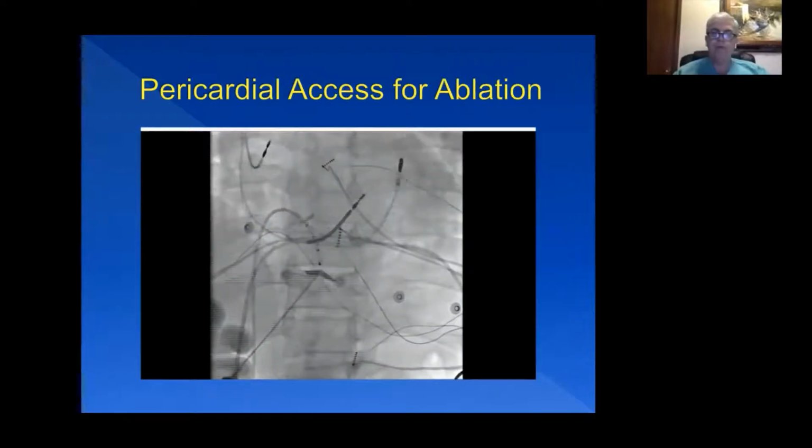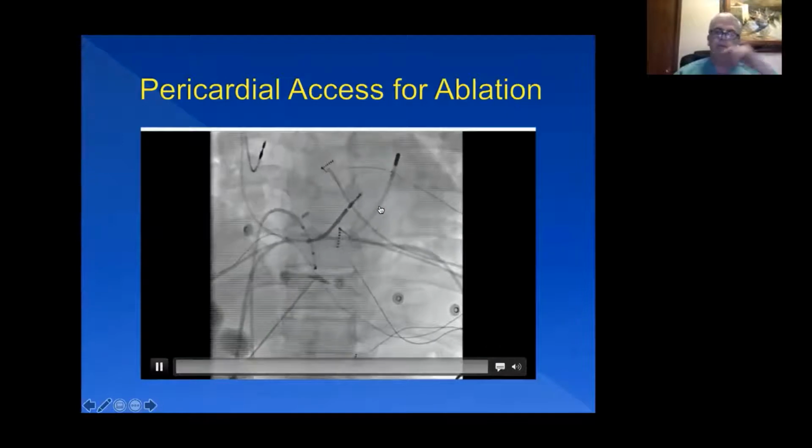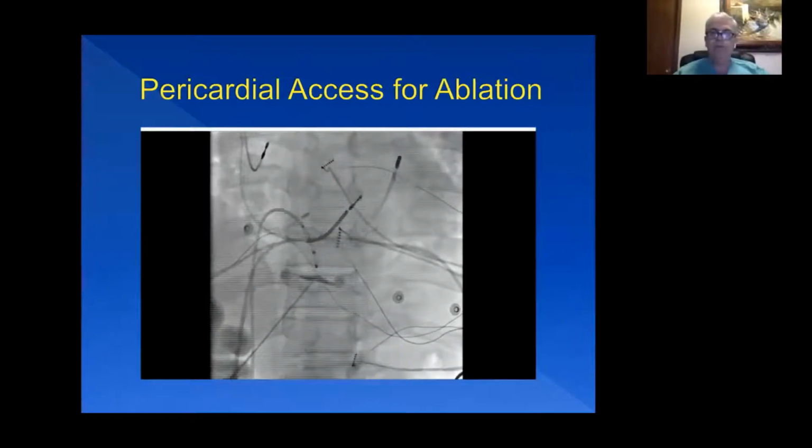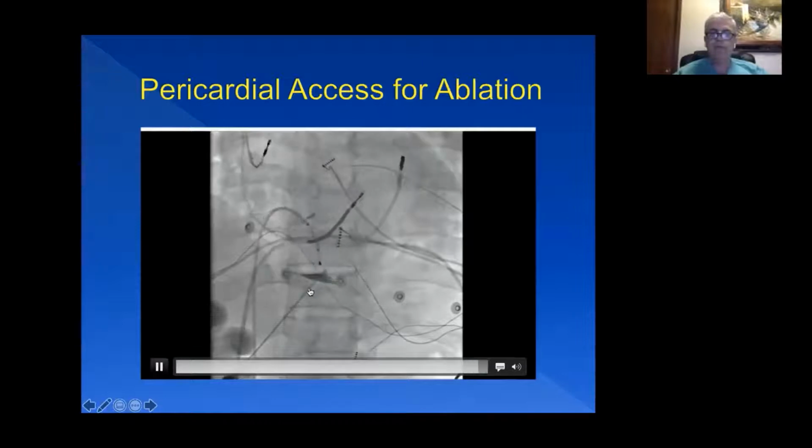And to realize how tough that pericardial tissue is, especially the fibrous one, this is basically when we try to get to the pericardial space to perform epicardial ablation. So this is the needle. We're coming through a subxiphoid approach.